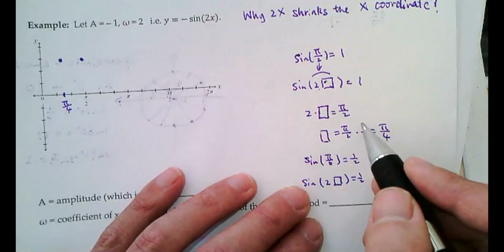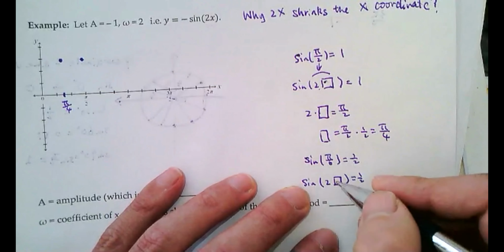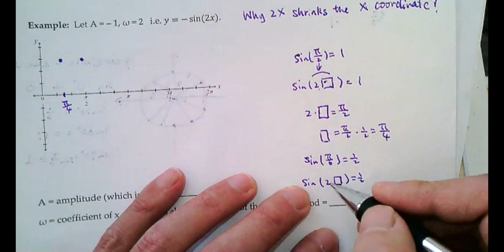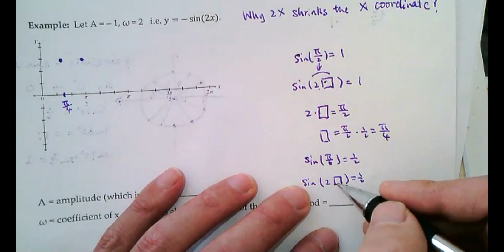You do it exactly by the same process. You find that 2 times this box is pi over 6. So this guy must be half of pi over 6. Pi over 6 is here, half pi over 6 is here.